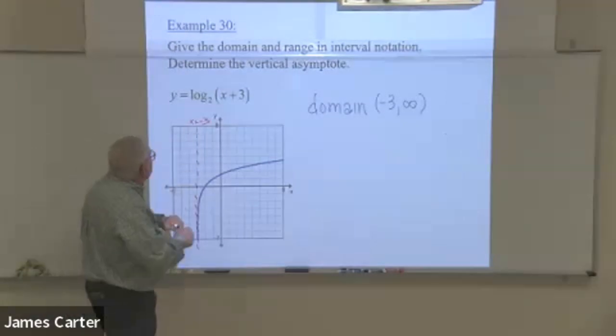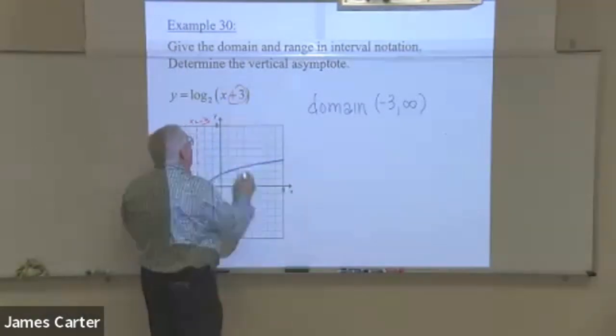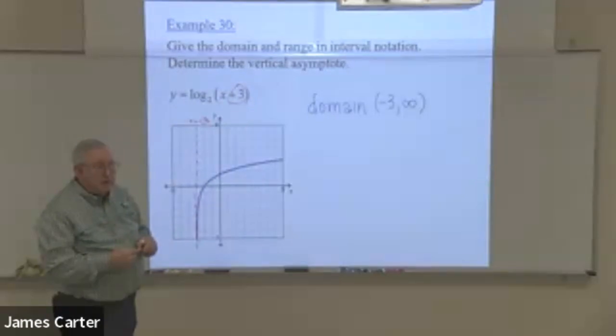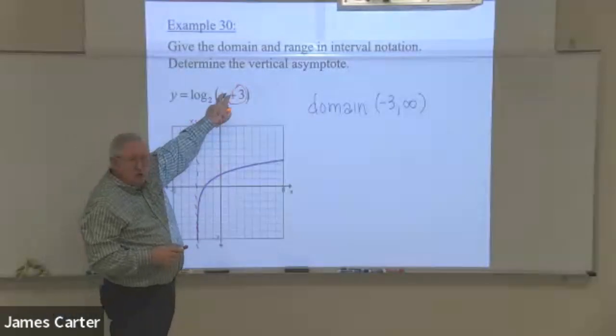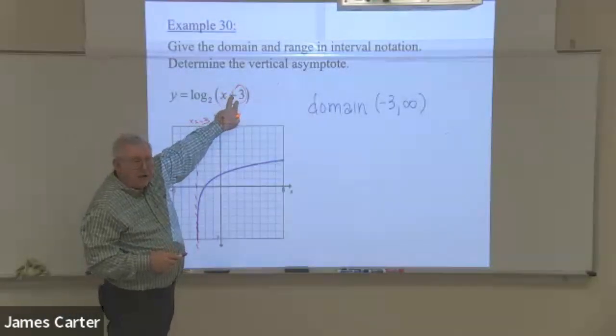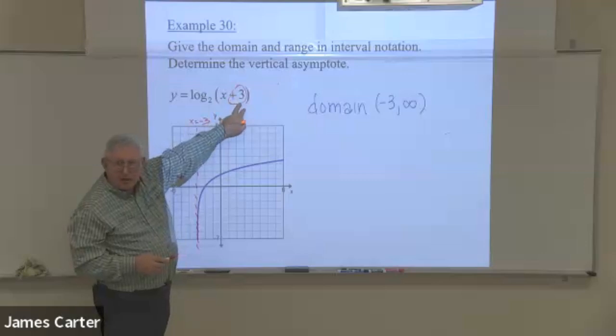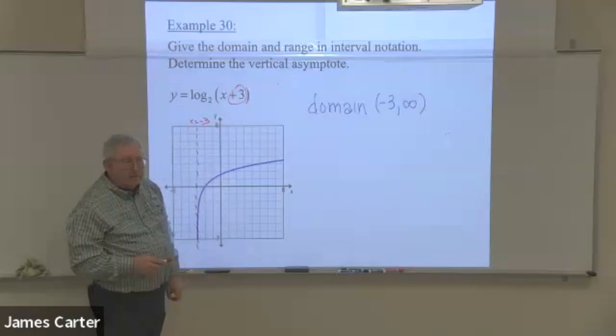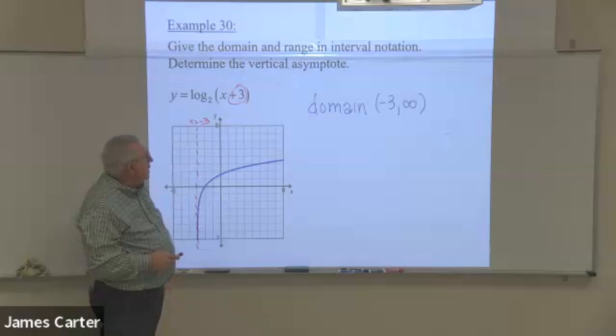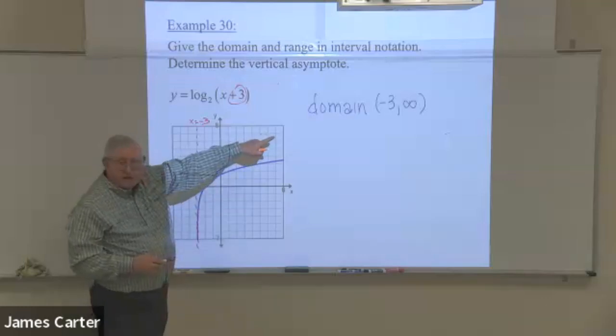Where do you suppose that came from? Right here, opposite of sign. So if you ever have a value with the x up here, that creates an asymptote, which affects the domain.